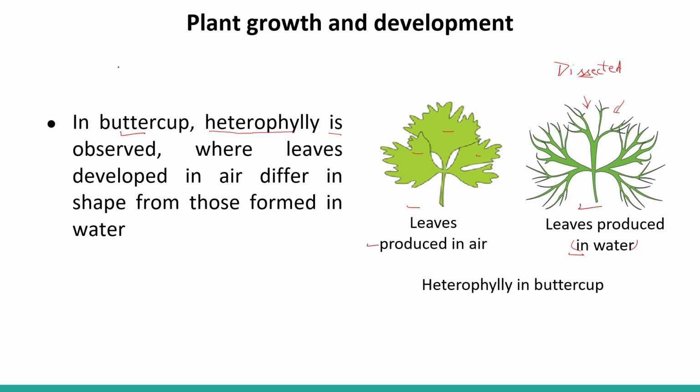This is an example of change in the habitat or environment: one is terrestrial, in the air, the other is in the water. Different shape, form, and structure of the leaf develops according to the environment or the phases of life. This is known as plasticity.